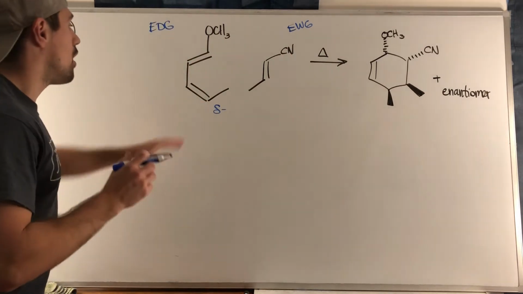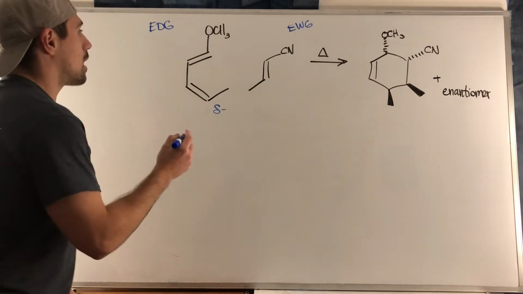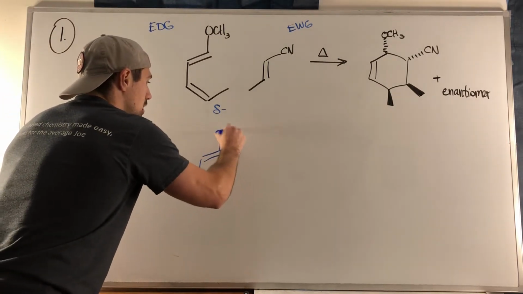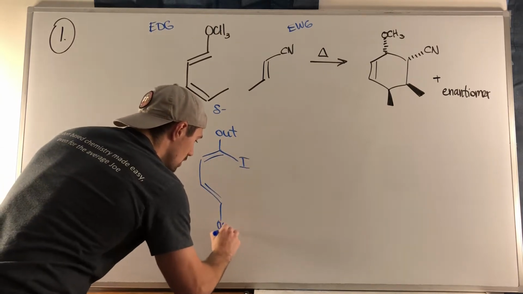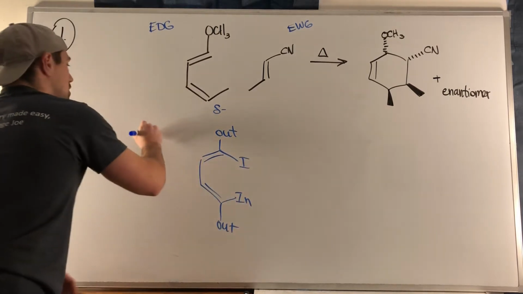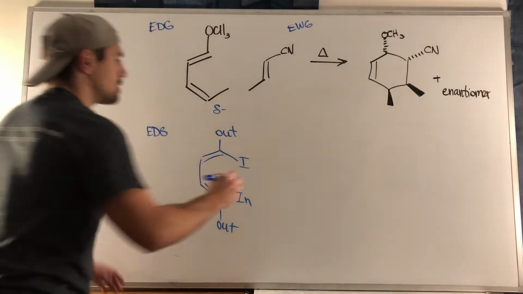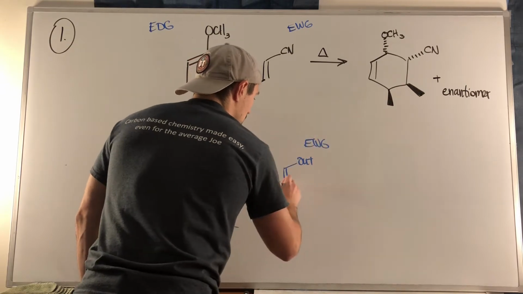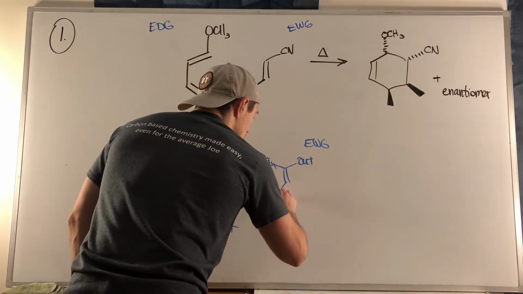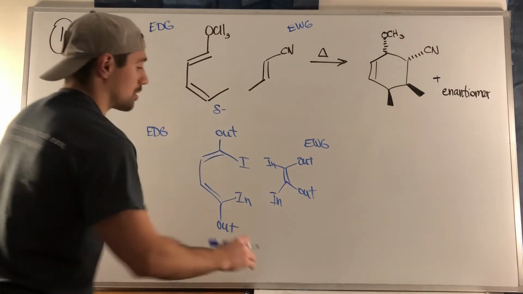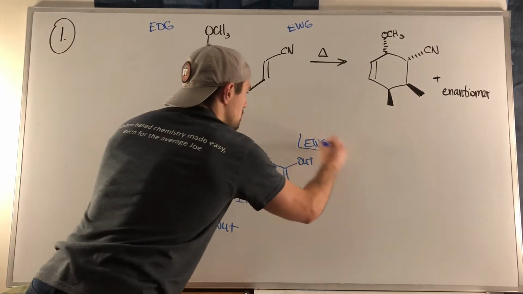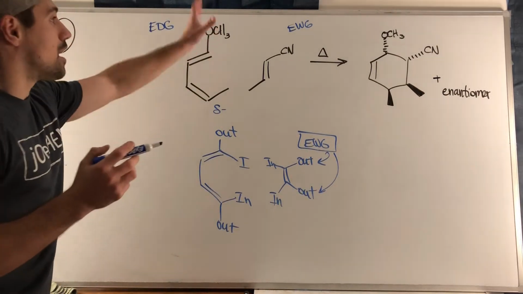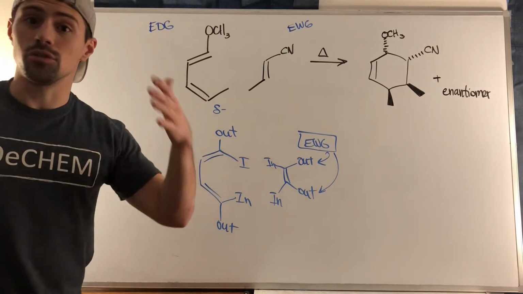And in terms of honoring the endo effect, right, we know that we have out groups and in groups. We like to put our electron donating groups as out, and actually the bigger stipulation is that our electron withdrawing groups are going to be in groups because they will contain sp or sp2 hybridized atoms.